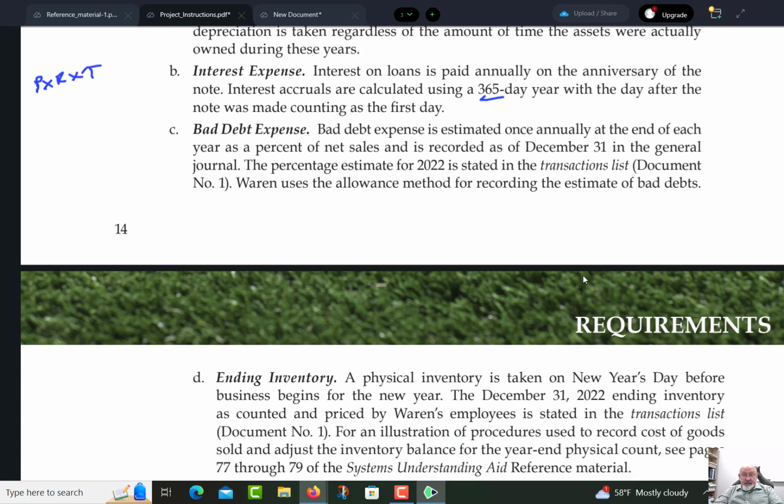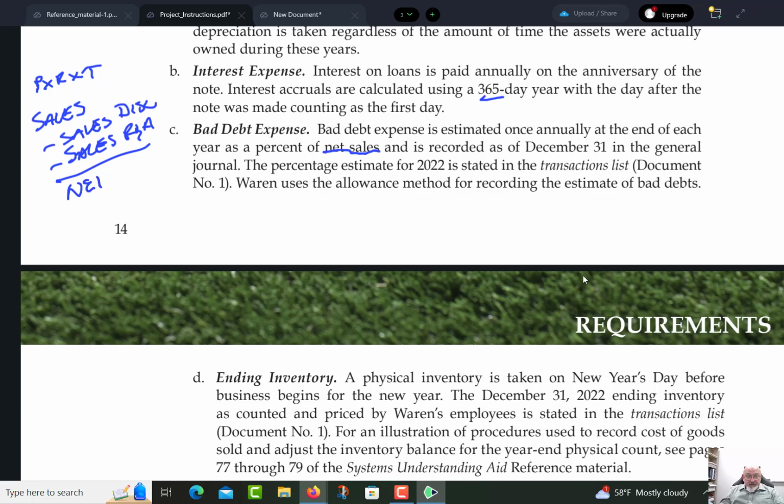Bad debt expense is estimated once a year, and this is based on net sales. So basically what you're going to do is compute net sales by taking sales minus sales discounts minus sales returns and allowances. And basically at that point you have net sales.